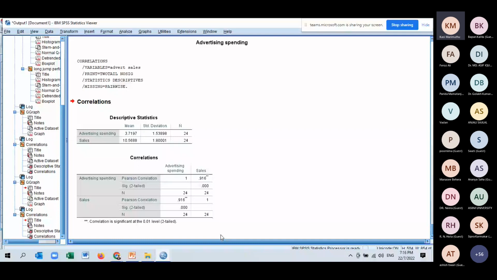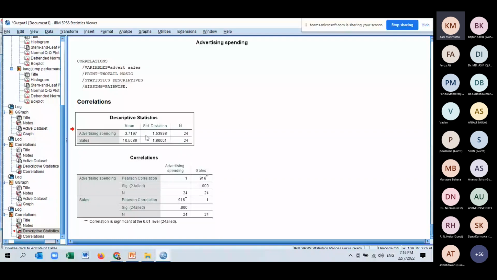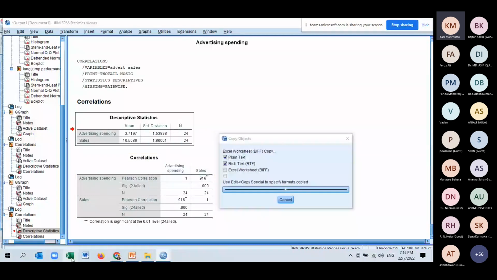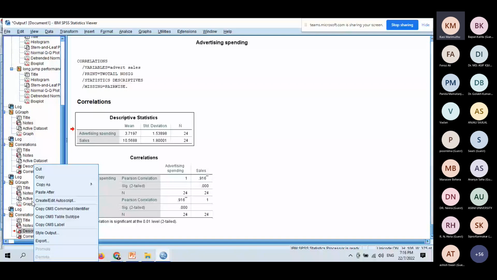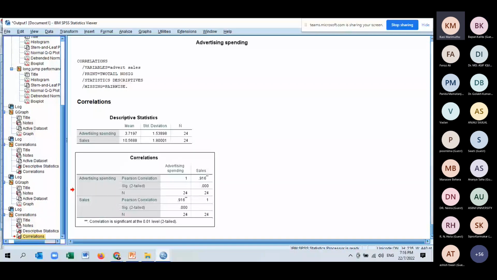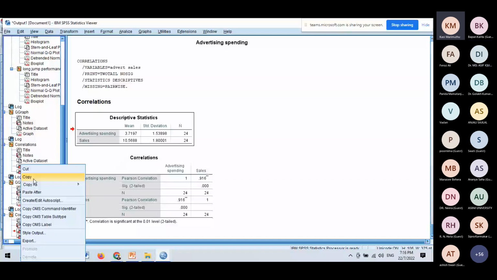This table also you can highlight. Otherwise, you copy these two tables, go to an Excel file, and open it. Copy this.